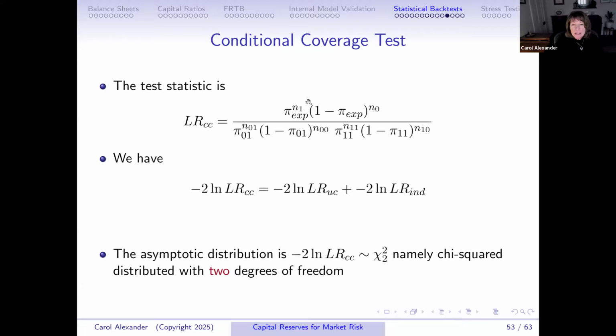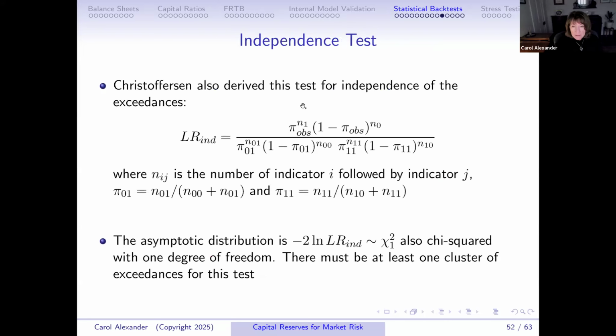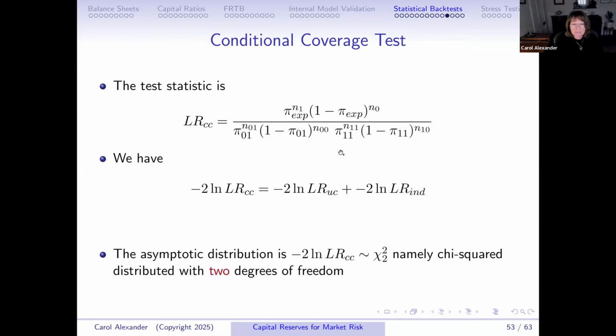So actually, you can calculate this one using the other two. -2 LRCC is the sum of -2 LRUC and -2 LRind, because you're just switching the top compared with the ind. The denominator is the same. And this has an asymptotic chi-squared distribution with 2 degrees of freedom.